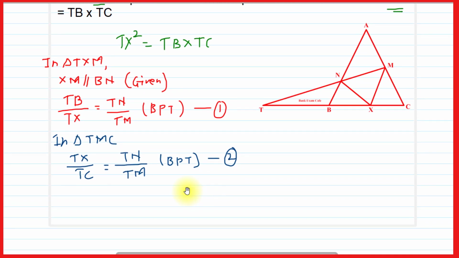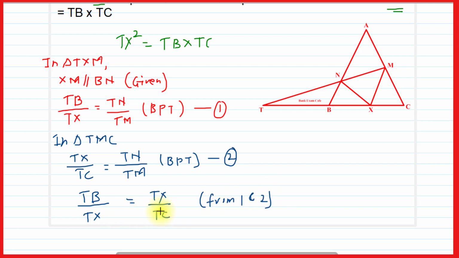Now you see that from 1 and 2, TN upon TM is equal to this ratio, and TN upon TM is equal to that ratio. So these two ratios should also be equal, and therefore we can write TB upon TX is equal to TX upon TC, from 1 and 2.